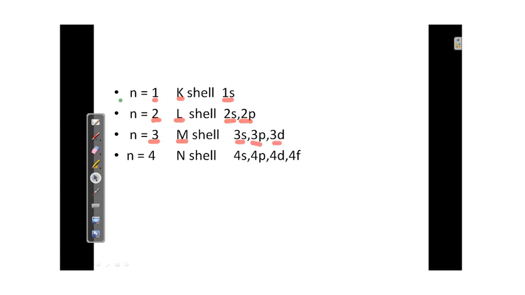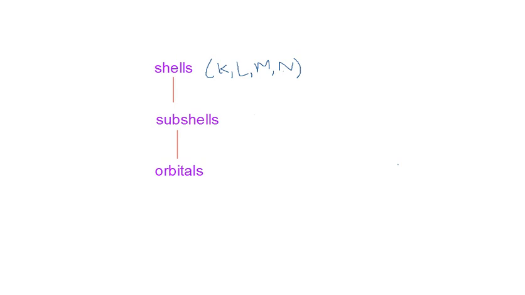And when n is equal to 4, it represents the N shell, which has subshells 4s, 4p, 4d and 4f. So these are the subshells in the main shells. Coming back again, the different subshells we have are S, P, D and F.